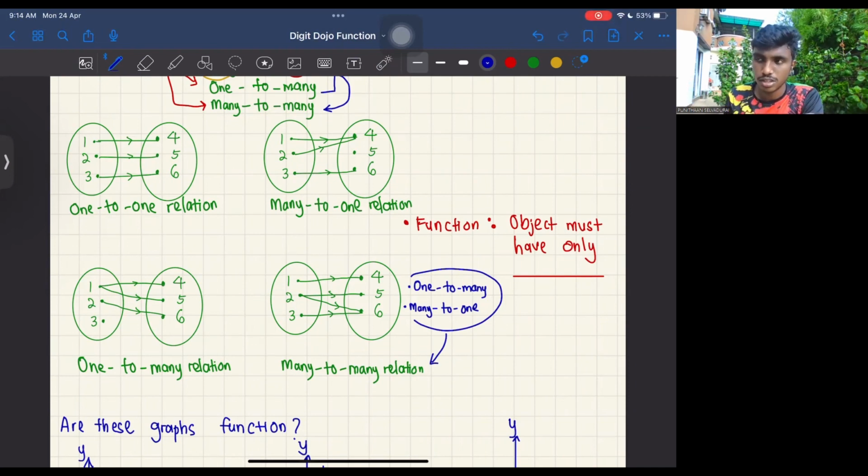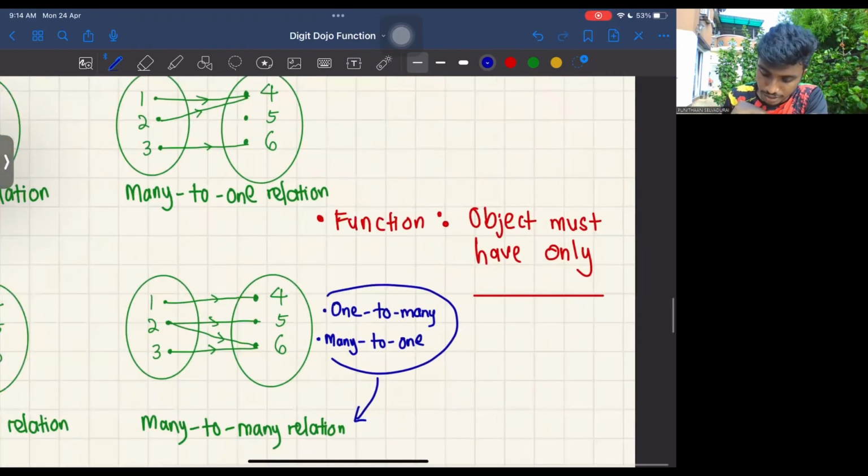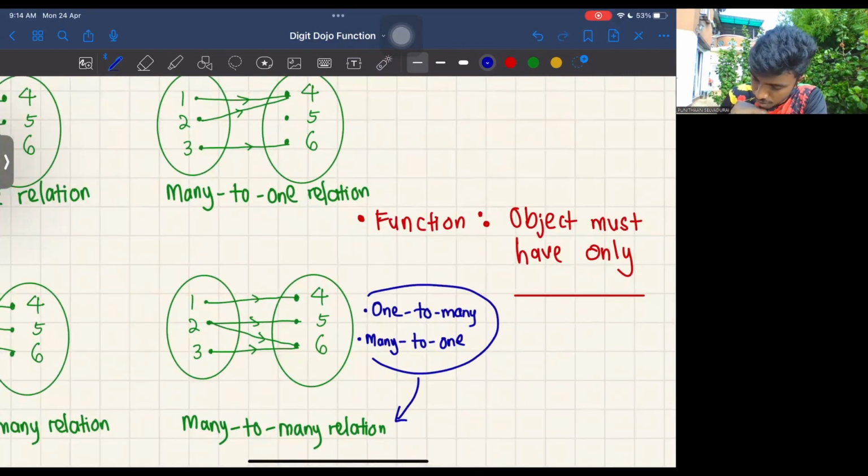So when we consider them as a function, they need to fulfill one criterion, which I've written here. Function: the object must have only one image. So it cannot have more than one image. All the objects must have only one image.